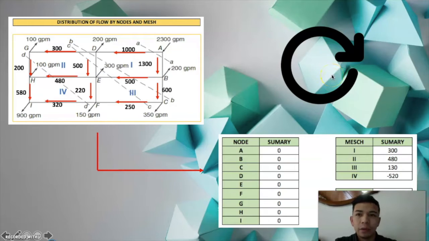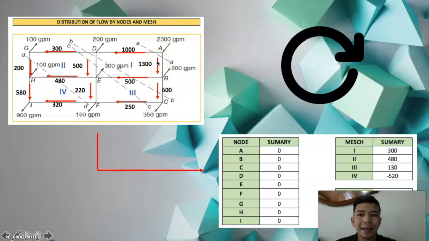Okay, for example, the clock rule consists mainly of the direction that the fluid carries. If we follow the direction of the clock, it will be added.